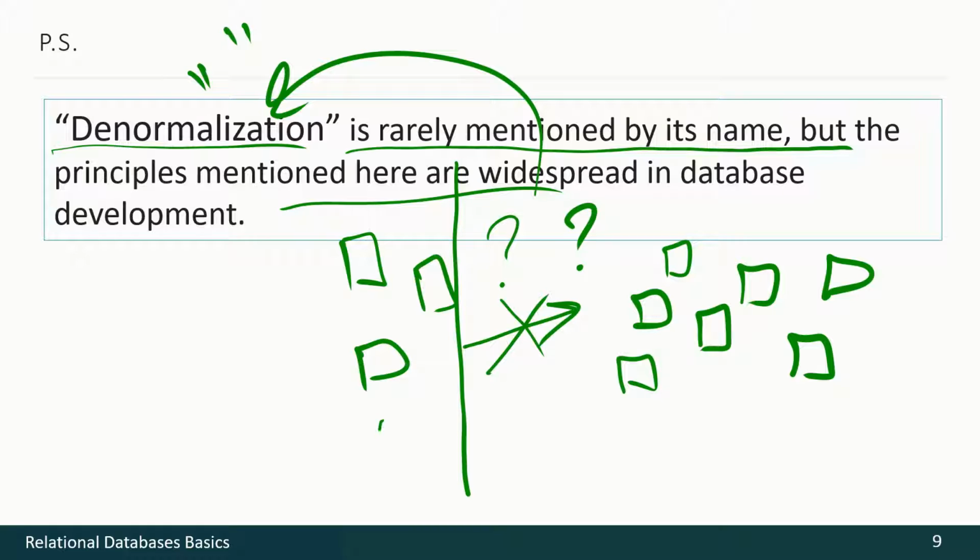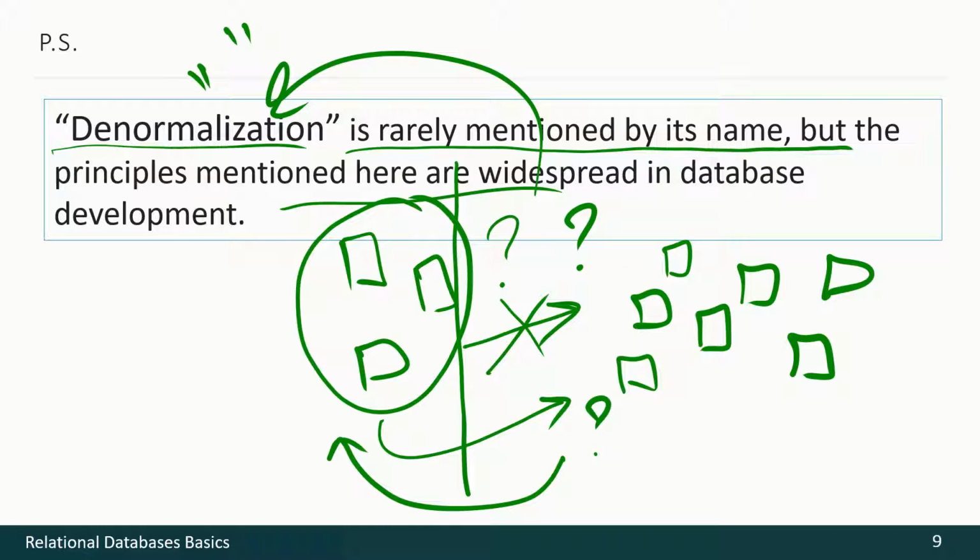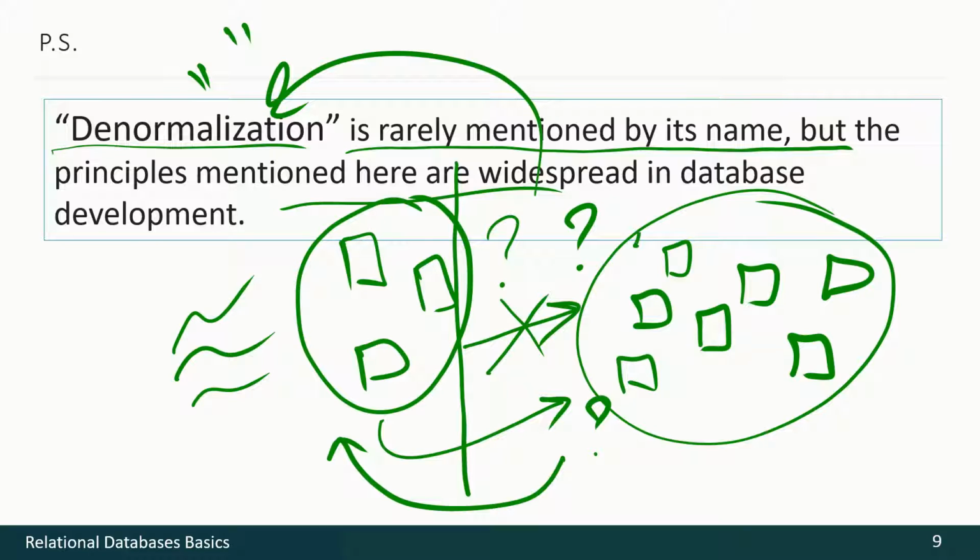Or maybe we've already made that step and we do not like the situation, so we may return back and get something similar to the initial situation. Maybe the same as the initial situation, maybe nearly the same, but we get a less normalized form than we have here. And that's also denormalization.